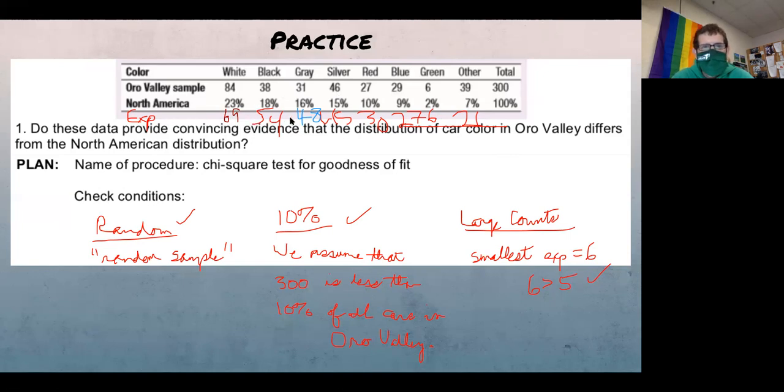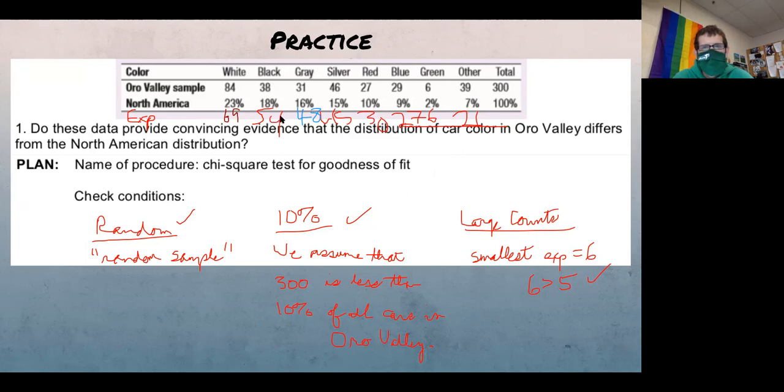Now looking at this, maybe we can have a better idea. Does it seem like this is going to be close enough where it falls in line? And if it doesn't fall in line, where is the biggest discrepancy? 38 to 54 is a pretty big discrepancy.